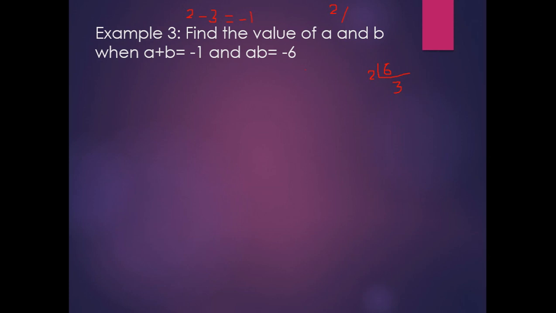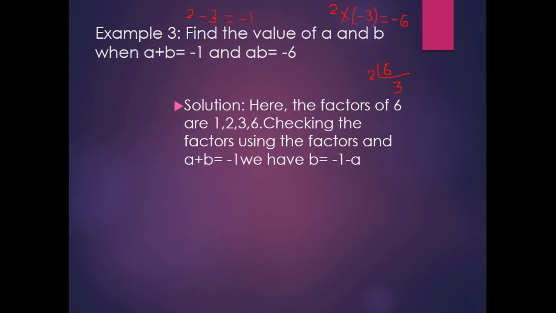2 times -3 we can get -6 as well. In this way our required values of A and B are 2 and -3. Here the factors of 6 are 1, 2, 3, 6.